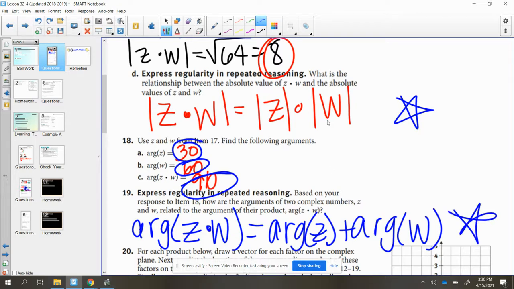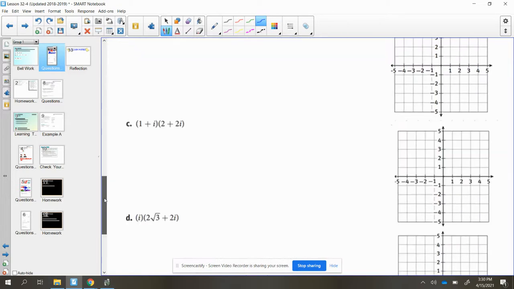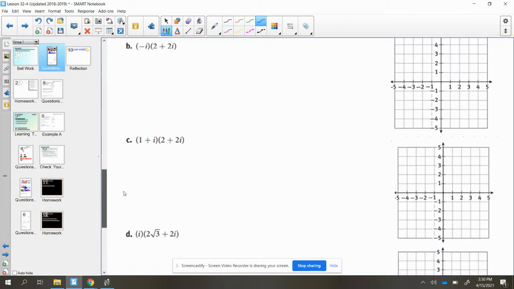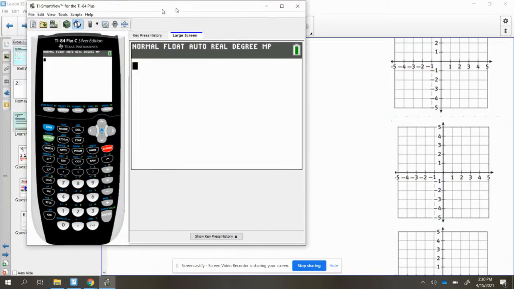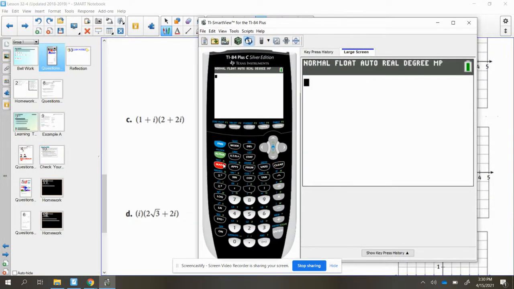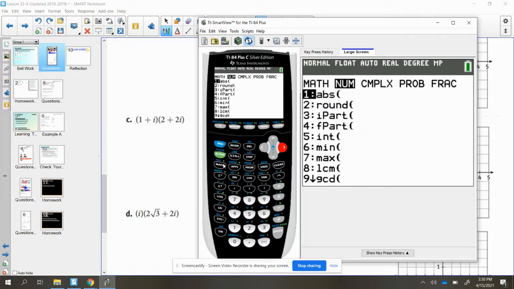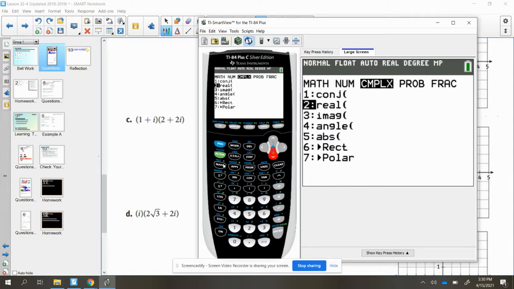Okay, and we can test this out on some of the other examples that they are giving us. For instance, one like letter C. Okay, and again, practice using the calculator on this one. If we do the math menu, we can check out the two individual absolute values and arguments.